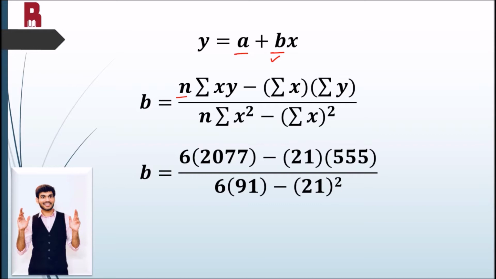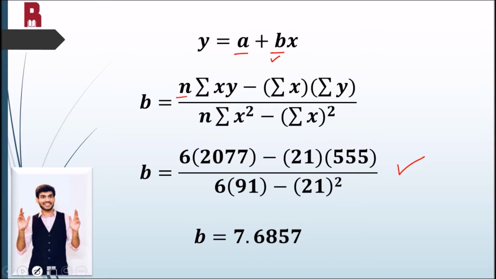What you can do is pause the video, go back and get the values from the previous, and you will find all these values we have already calculated. Substituting and calculating the final answer, b is equal to 7.6857. Now we have calculated B.